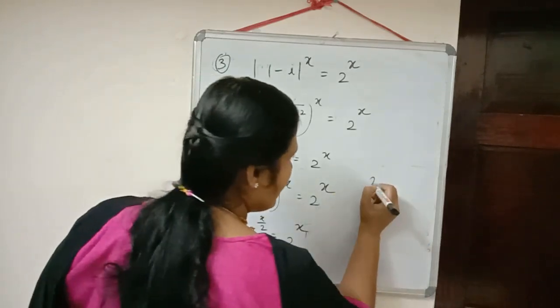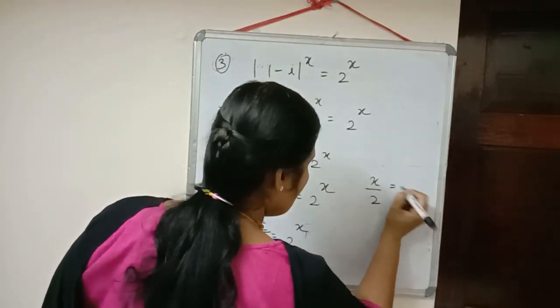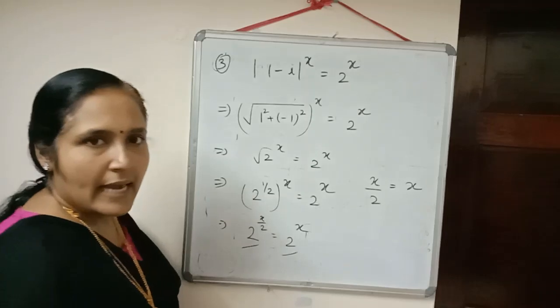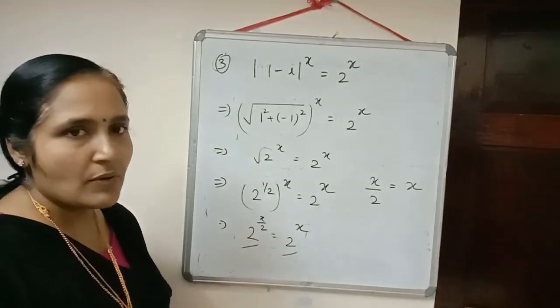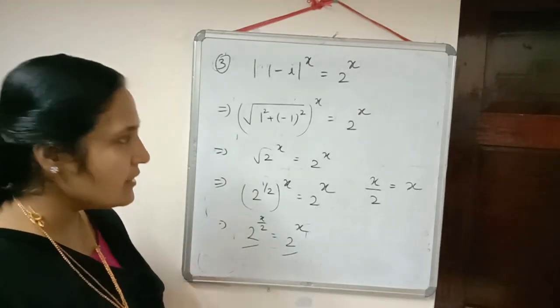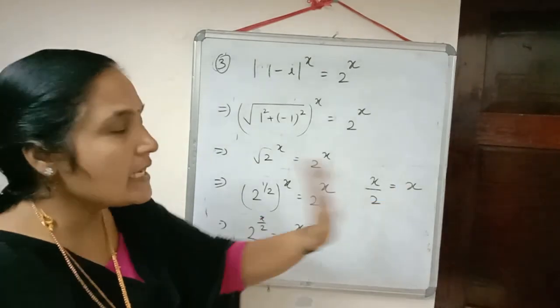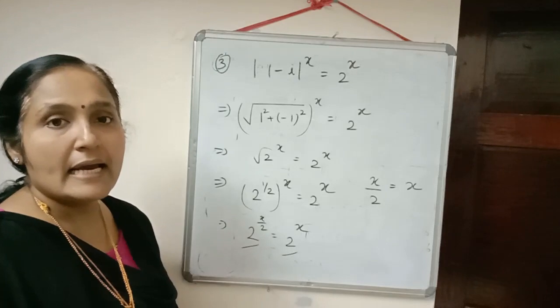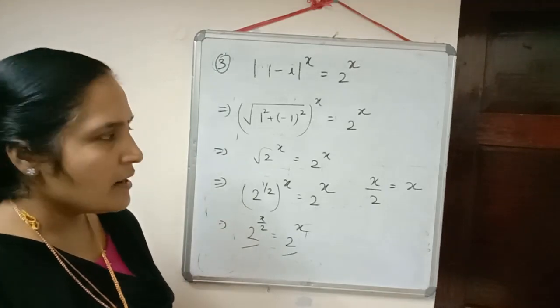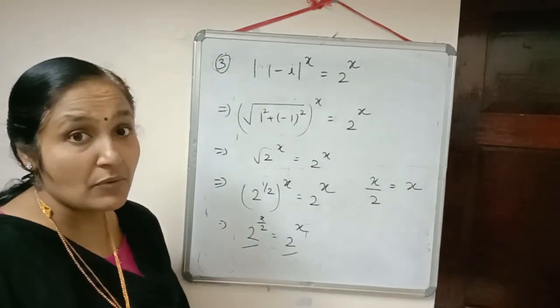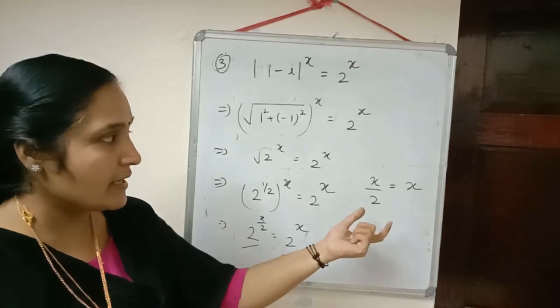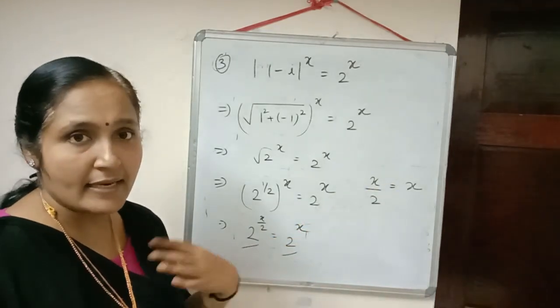So what we are getting? x by 2 is equal to x. What is the meaning of this one? Half of the number is equal to the number itself. Do you know any value? Here, don't cancel this x and x there.